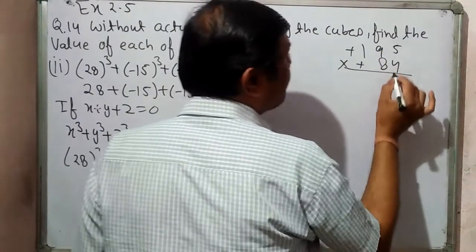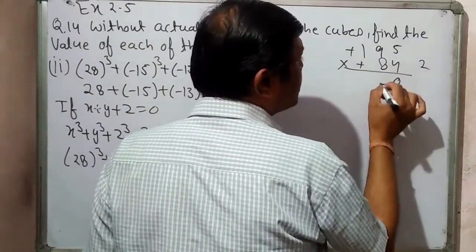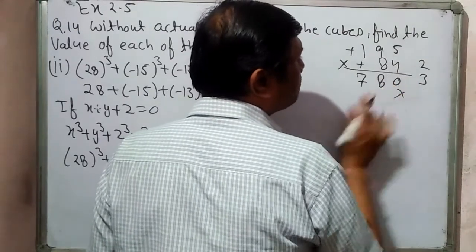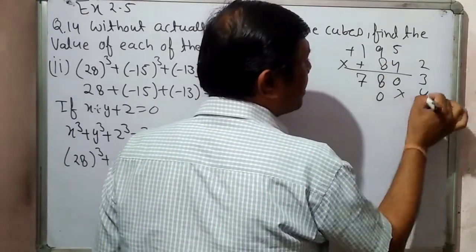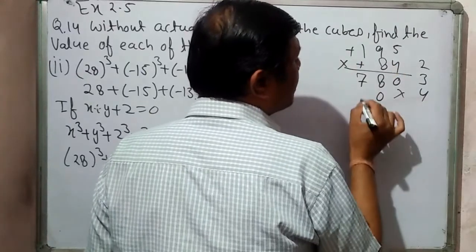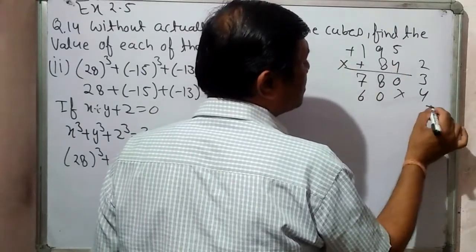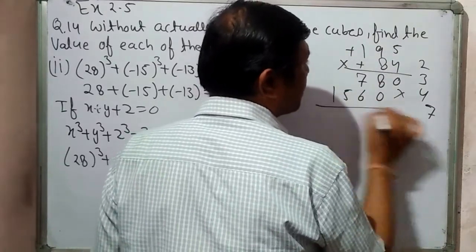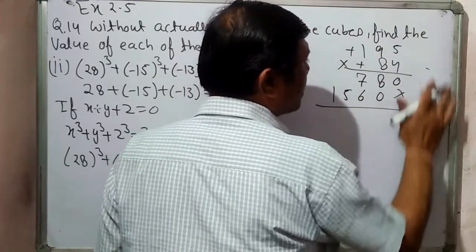Let us multiply. 4 5s are 20, 2, 36, 8, 3, 4 1s are 4 and 3, 7, 8 5s are 40, carry 4, 8 9s are 72, carry 4, 76, 7, 8 1s are 8 and 7, 50. Remove the carry outs.